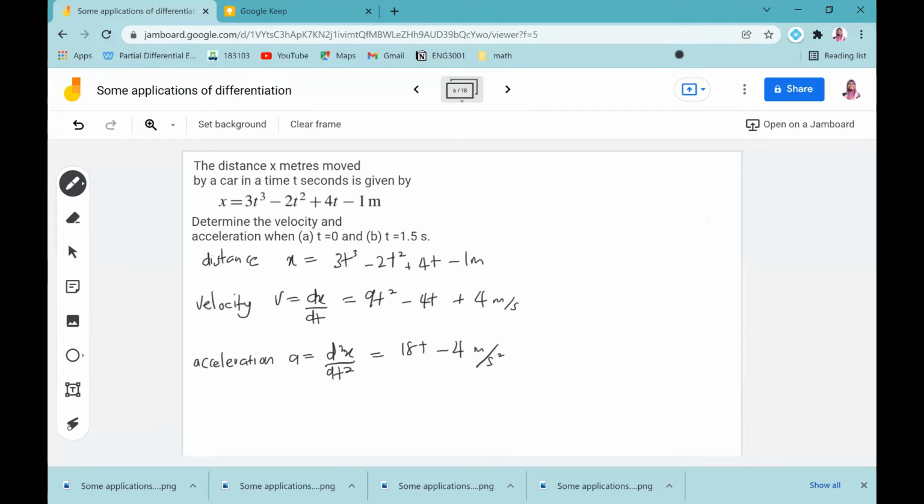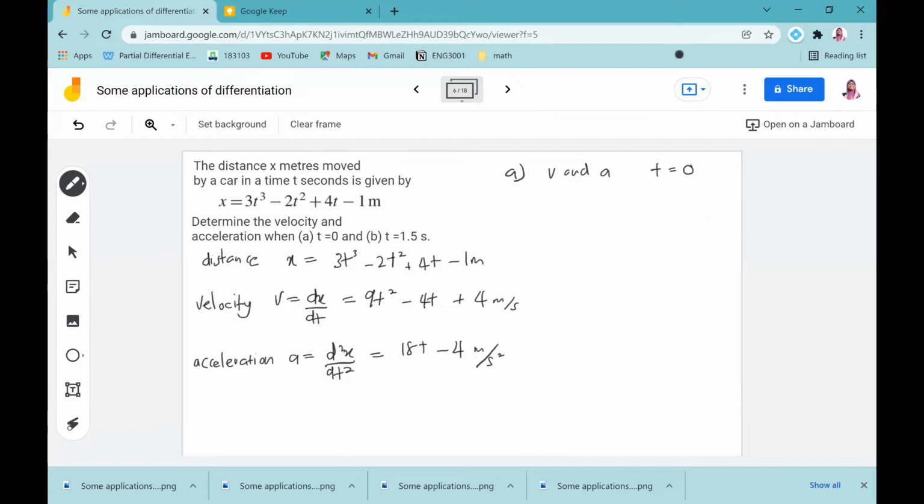So then let's see for (a), what is v and a, when t is equal to 0.